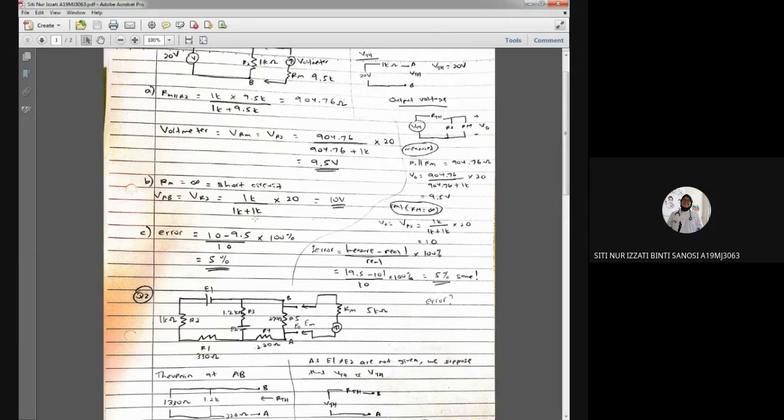Because the RM is infinity, so I thought it is a short circuit. Then I use the voltage divider to get the voltage at AB terminal, which is the same voltage at R2.